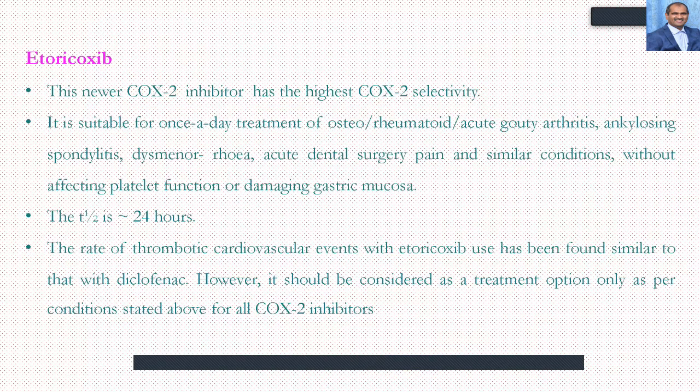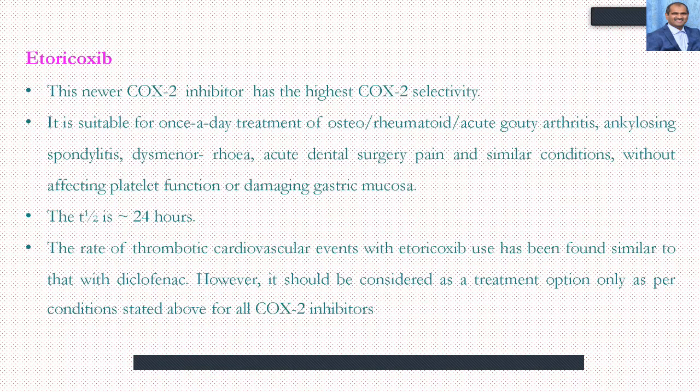Another drug is etoricoxib. This newer COX-2 inhibitor has the highest COX-2 selectivity, and it is suitable for once a day treatment of osteoarthritic pain or gout, and all other properties are very similar to celecoxib. The half-life is more than 24 hours. The rate of thrombotic cardiac events with etoricoxib has been found similar to that of diclofenac.